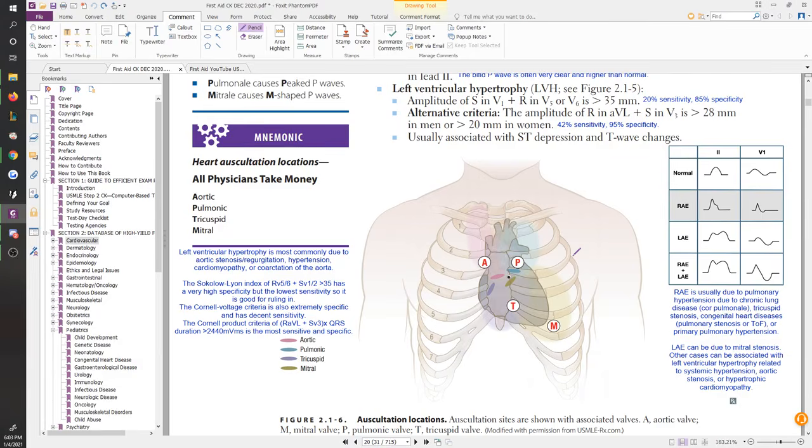But then you notice these signs, right? These signs in the middle here, okay, related to, again, valves. If you get a question where they're telling you they hear something on the left sternal border around the third rib, right, that could be a pulmonic problem or a mitral problem. And most people almost always pick a pulmonic problem because they remember the P that's right there on the left sternal border around the second or third rib.